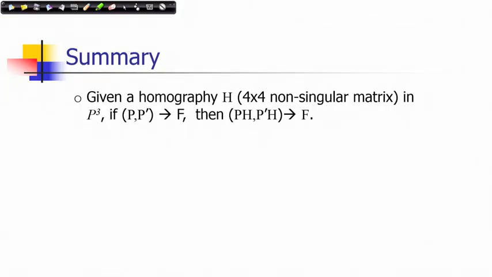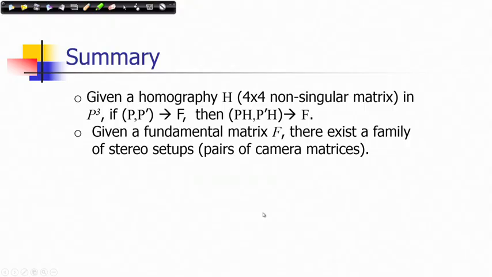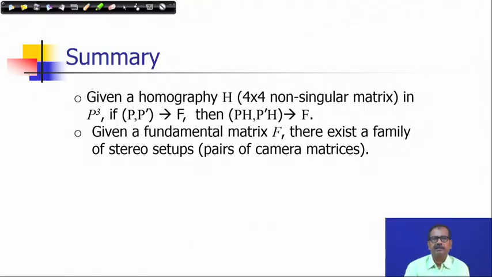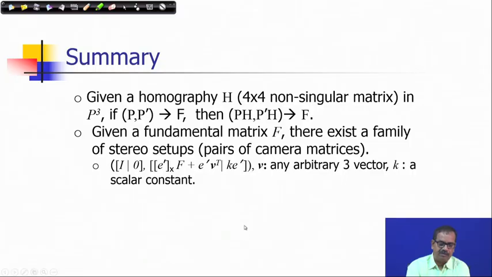Because if you have a homography H of the 3-dimensional projective space, which is a 4×4 non-singular matrix, then if P and P prime give F, PH and P prime H will also give the same fundamental matrix. So given a fundamental matrix F, there exists a family of stereo setups or pairs of camera matrices that we need to note.